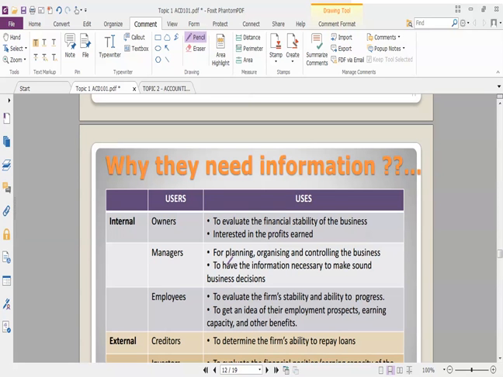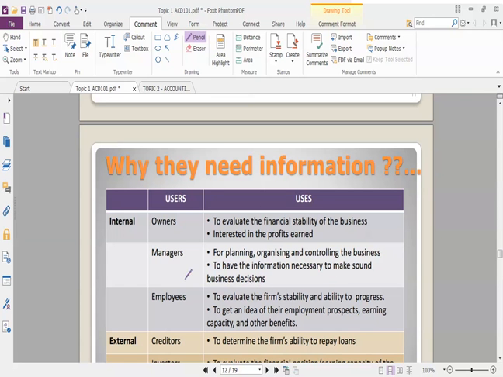Okay, managers, why do managers need accounting information? For planning. They want to plan the business, organize and control the business, and have the information necessary to make sound business decisions. Employees, what do they need accounting information for? To evaluate the firm's stability.